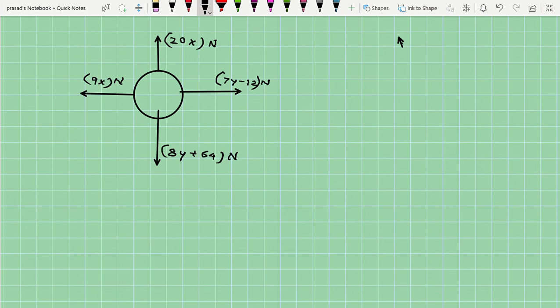And it is given that the particle is stationary. The particle is not moving. It is stationary.